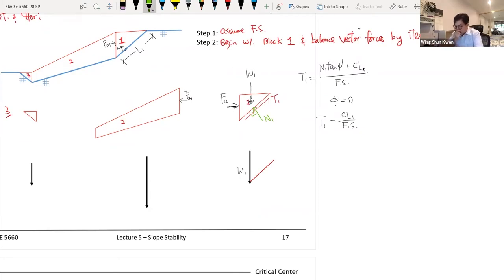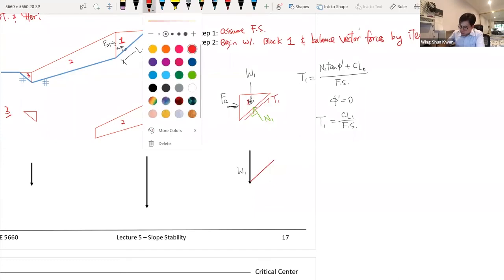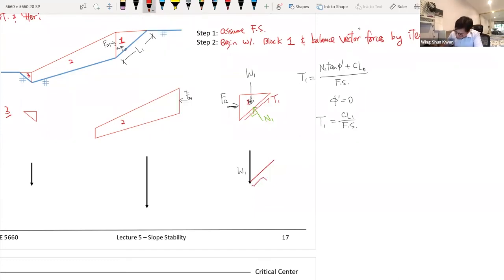So you know the direction of T1. And then, for example, you can calculate the magnitude of T1. So now you know T1 is this much. T1 equals the cohesion times safety. So you know it's right there.